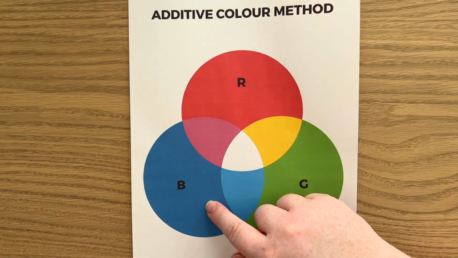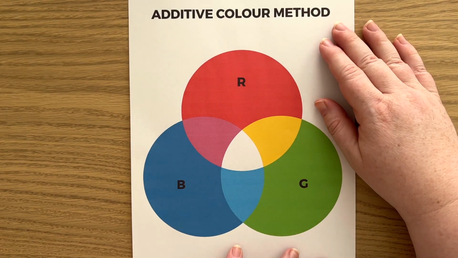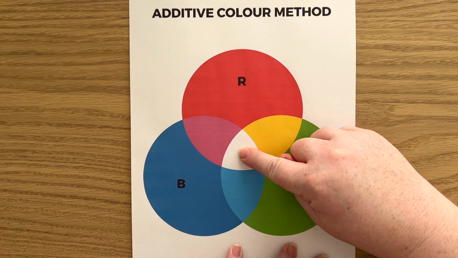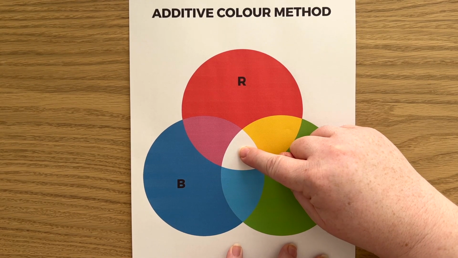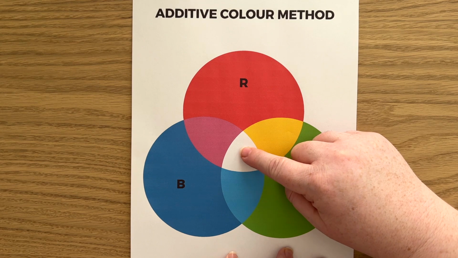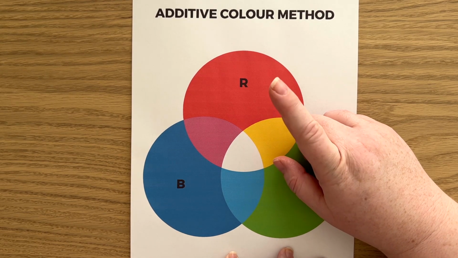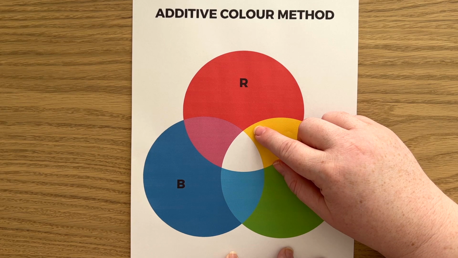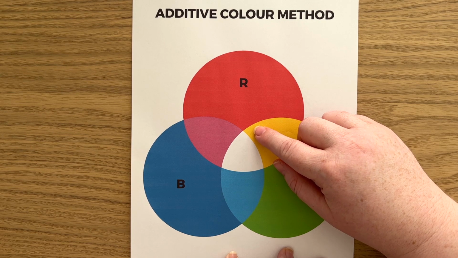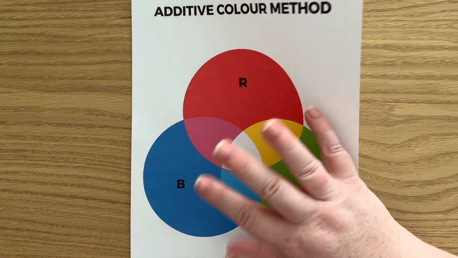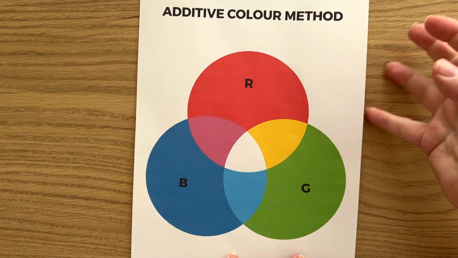The more light you add, the brighter the mix becomes. And if you mix all 3 colours together, you get white, pure white light. TVs, screens, projectors, and other digital devices use the RGB or additive colour method as their primary colours, and then they mix them together to create all the other colours in different combinations.